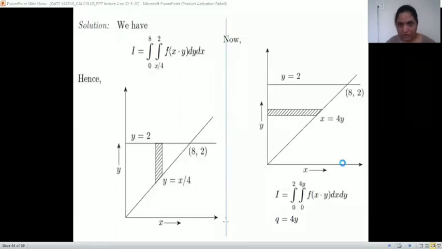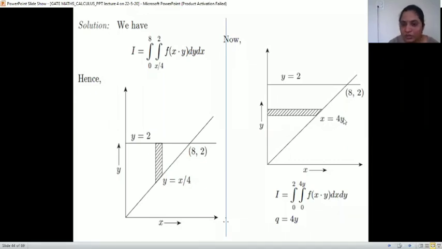Right? Okay. And then x is equal to 4y. X is equal to 4y is the line; if you see the points, if y is 0, x is 0, if y is 1, x is 4. So the point 4, 1 is somewhere there.